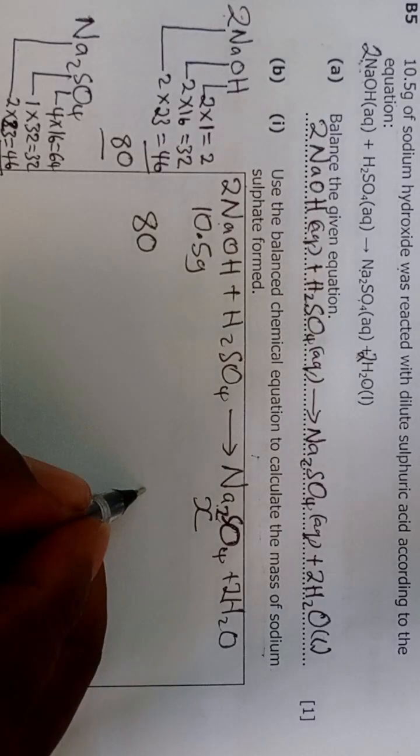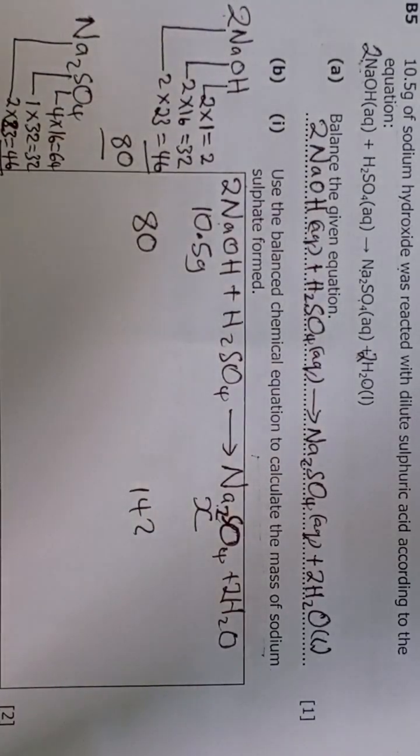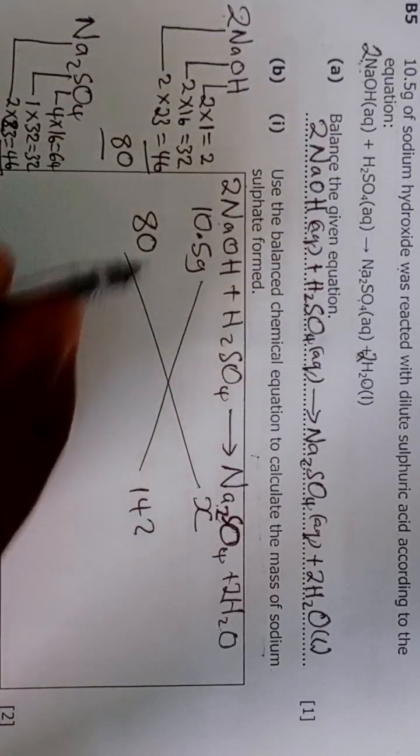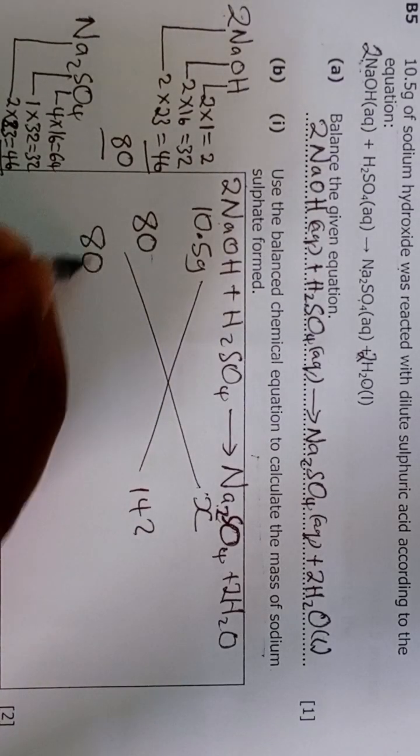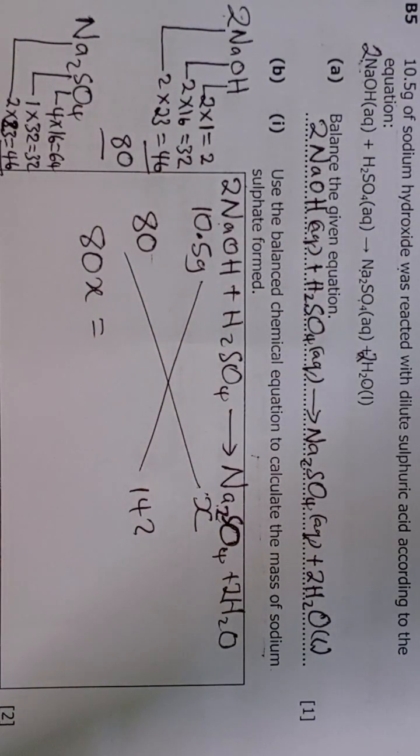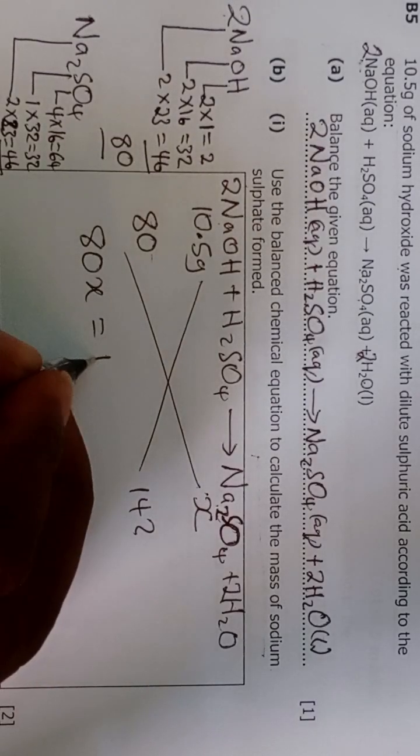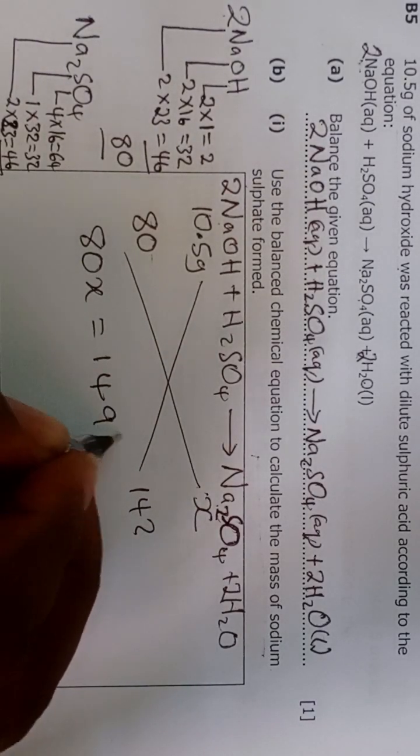So we have 142. From there, I'll cross multiply. So 80 times x is 80x, and 142 times 10.5 is 1,491.